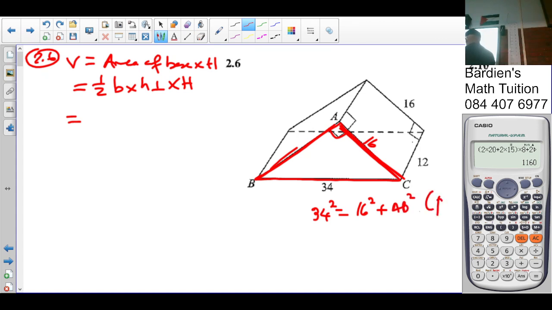And the reason is Pythagoras with BAC equals 90 degrees. Again, you don't need the reason. So AB squared is equal to 34 squared minus 16 squared.